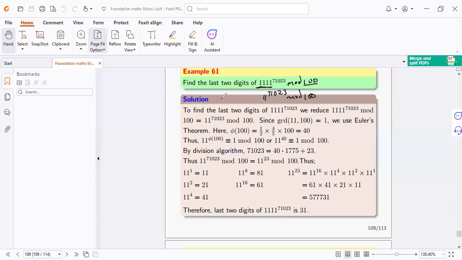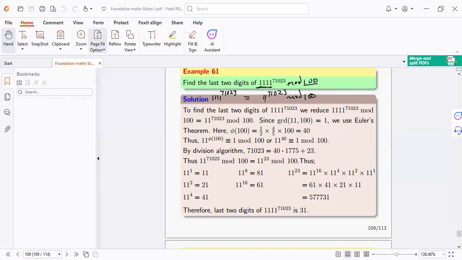That means somebody giving you this number and raising it to 71,023 is just the same thing as somebody giving you 11 and then raising it to that power, mod 100.